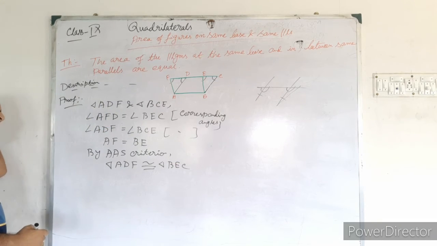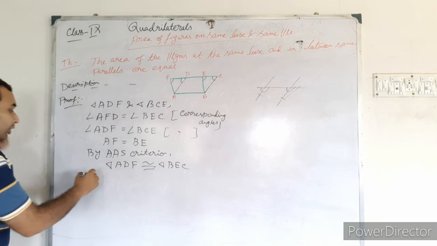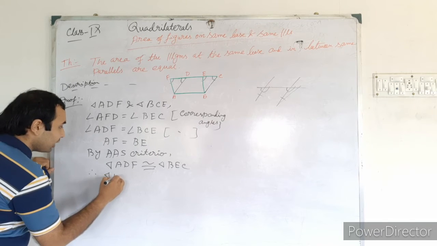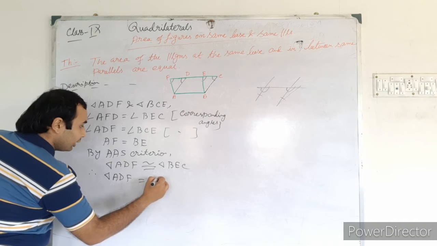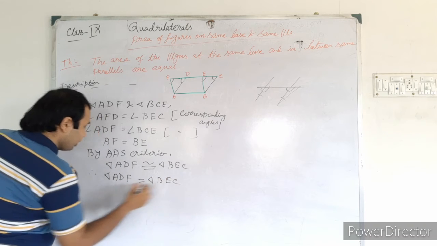Whenever two triangles are congruent, definitely their areas are the same.